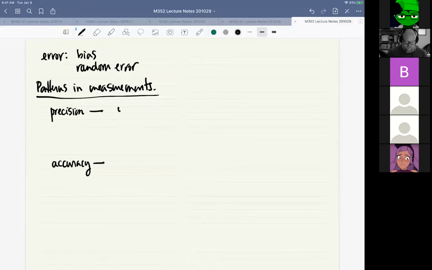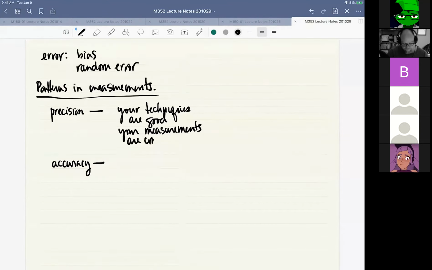Okay? Precision means your techniques are good. And because your techniques are good, your measurements agree with one another. They're consistent. That means your measurements of a single phenomenon have a small standard deviation. All your measures are precise. They're going to be clustered together when you're measuring the same phenomenon.